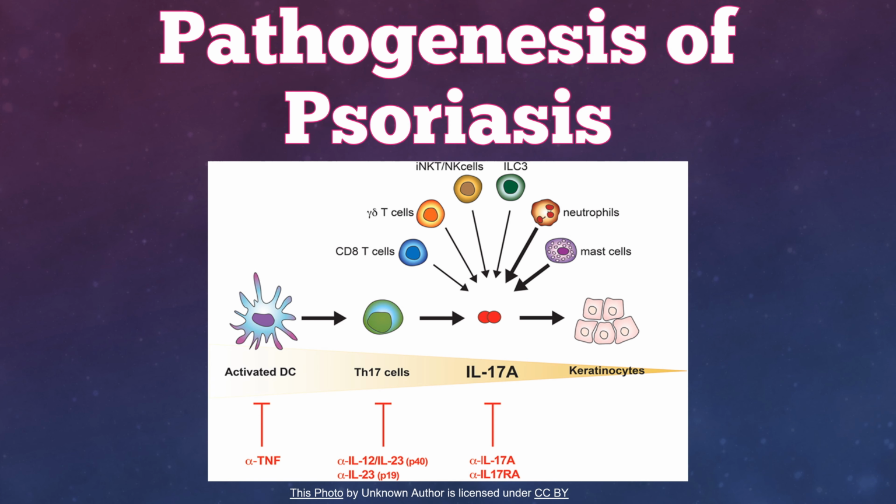What is the mechanism that is causing these psoriasis plaques? Well, sir, there are two main issues. The keratinocytes are proliferating at a faster rate, and the immune system is ramped up. We think the increased inflammation is due to the Th1 and Th17 cells and the cytokines they make.